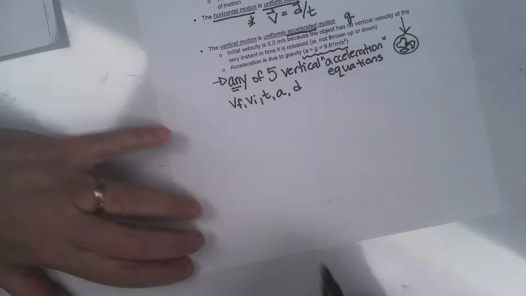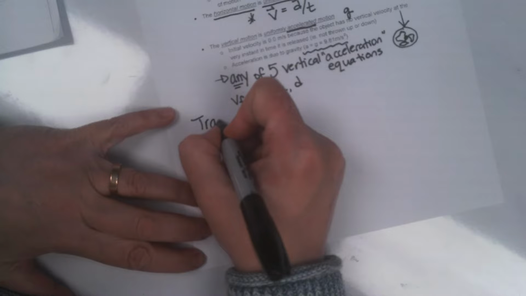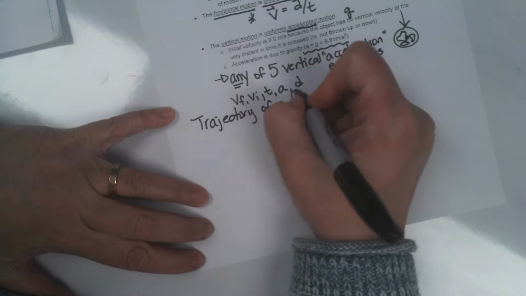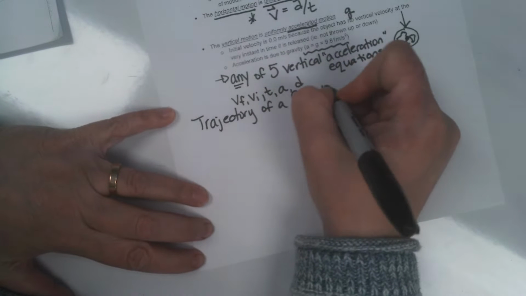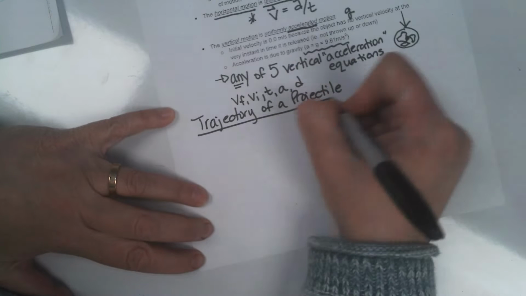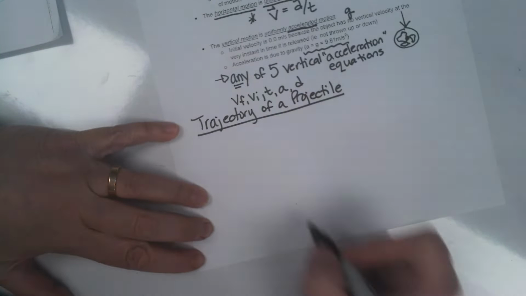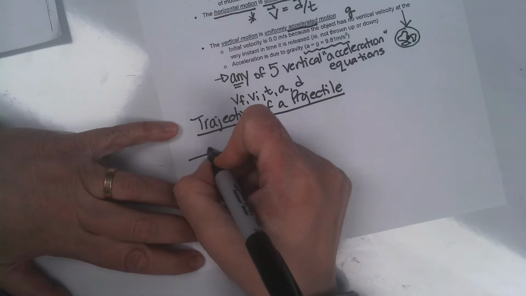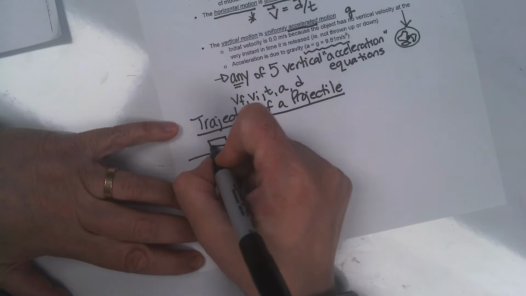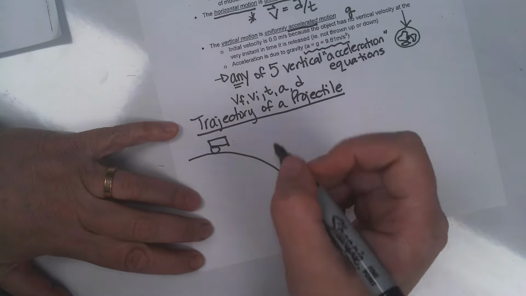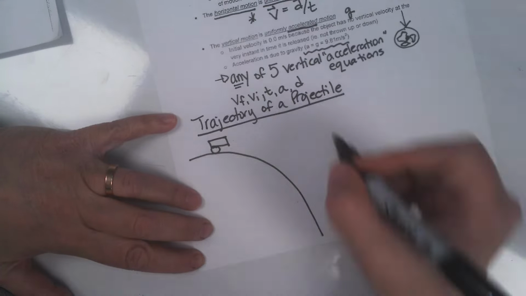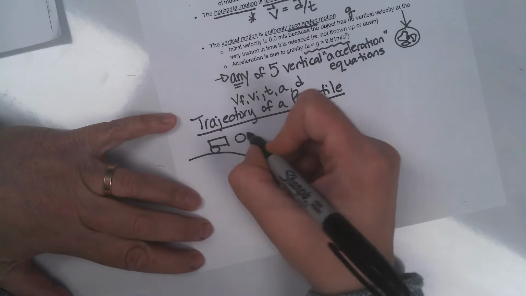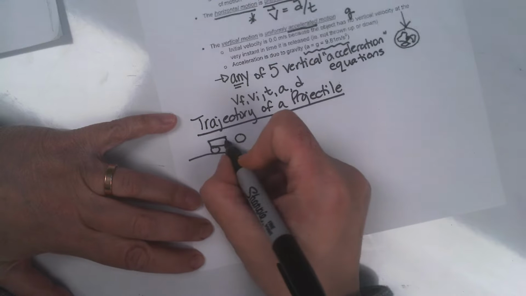When we look at the trajectory of a projectile, let's look at a cannon sitting on a wheel, and it's going to fire the cannon. So initially, the cannon is there.